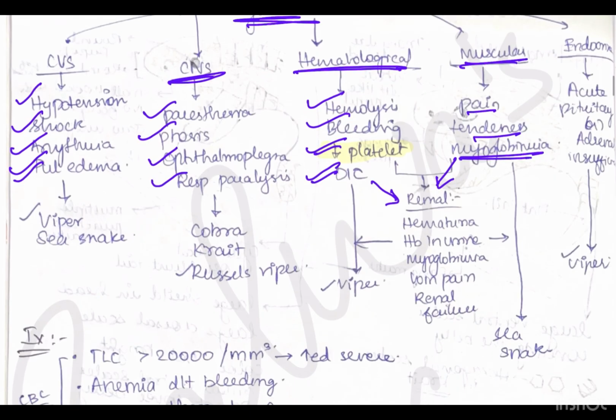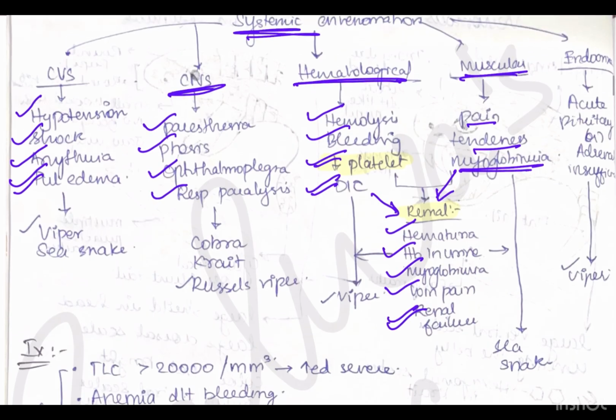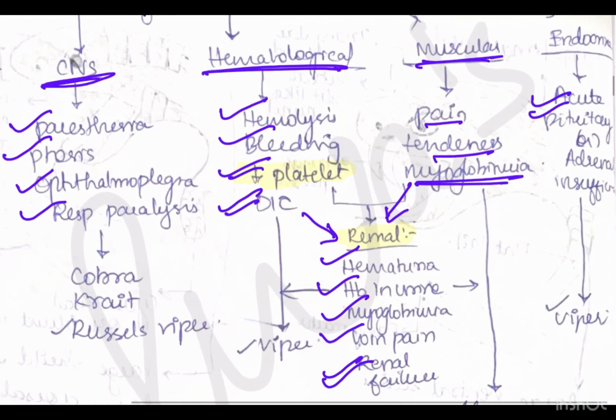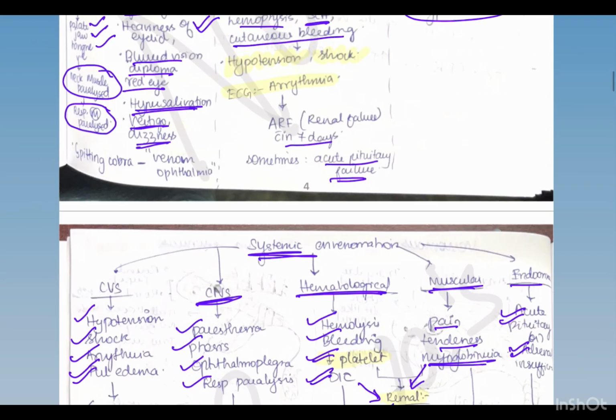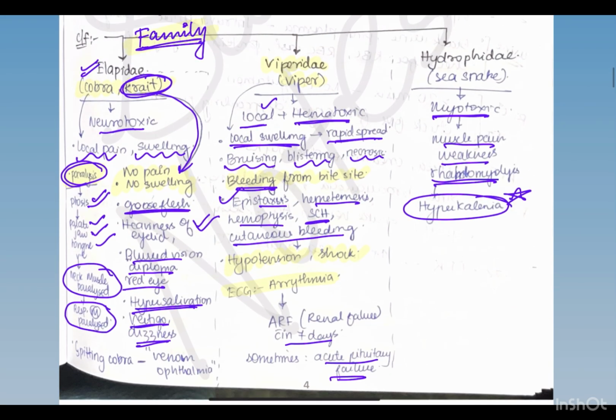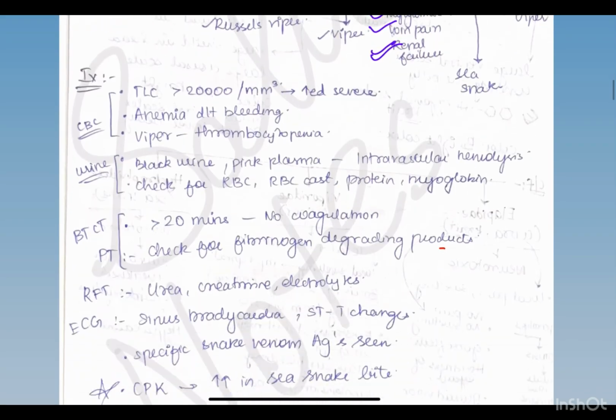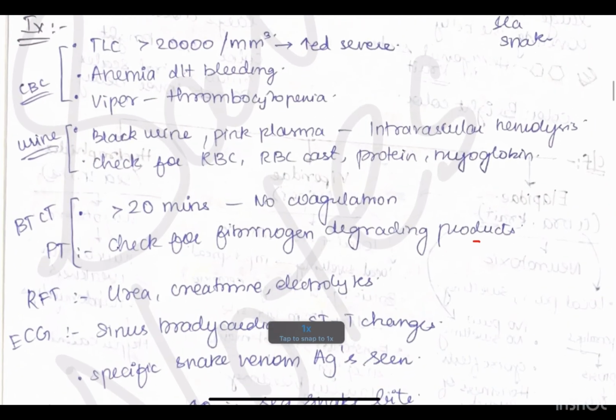If there is renal failure, there will be hematuria, hemoglobin in urine, myoglobinuria, loin pain, renal failure. Endocrine effects are acute pituitary or adrenal insufficiency. You can remember it either way. I prefer remembering it within the family. That's easier. Next, we have to know about the investigation.